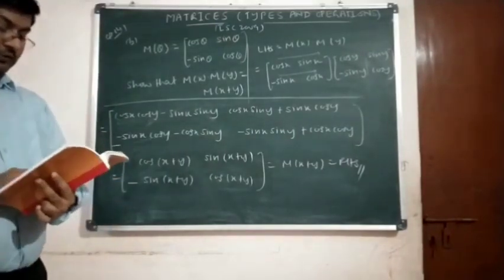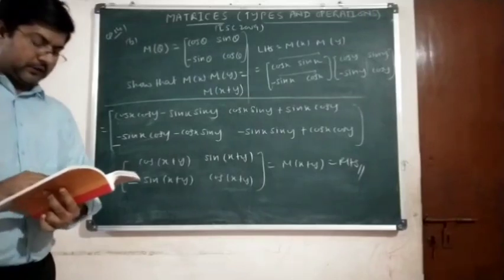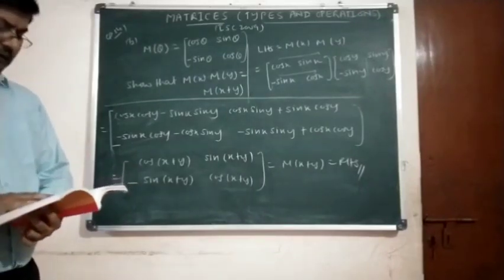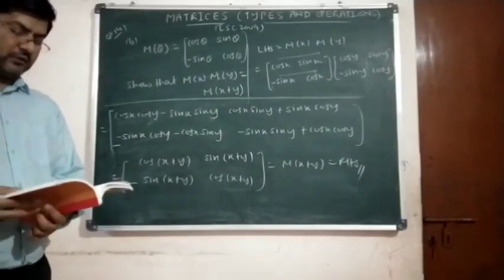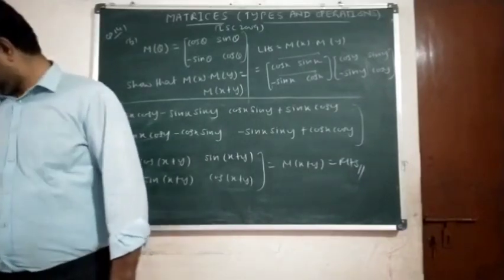Let us solve question number 15, where matrix A is given and we have to calculate A square and A cube.